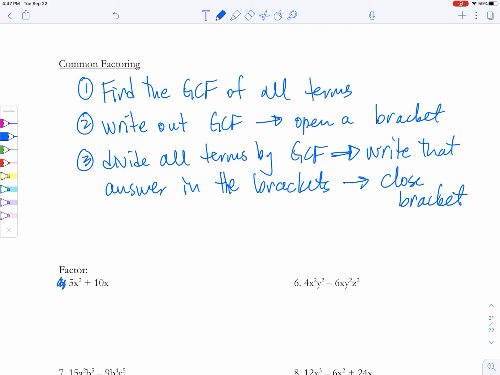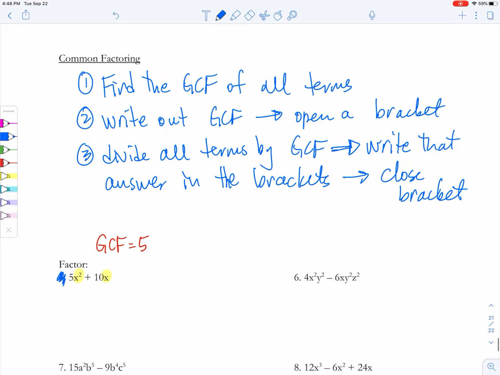Question 5 says factor 5x squared plus 10x. The first step is to figure out what the GCF is going to be. If I look at the numbers 5 and 10, I can divide them both by 5. And if I look for the smallest number of x's, I've got x squared and an x, so the smallest is x.